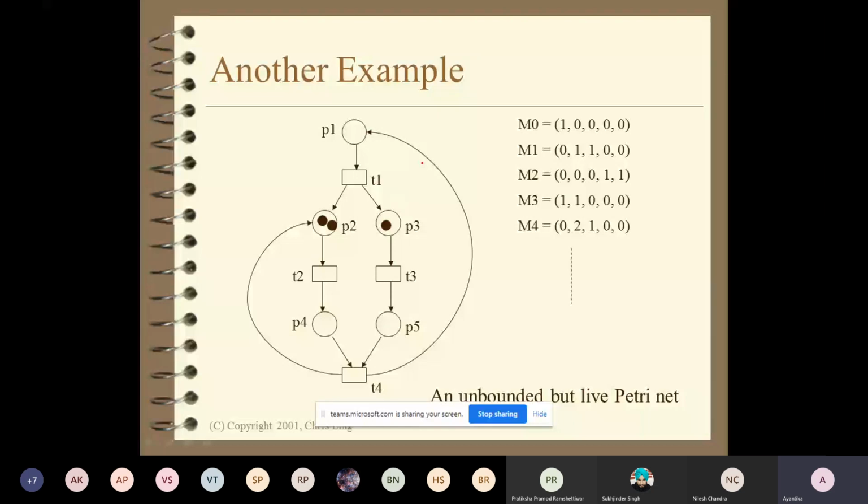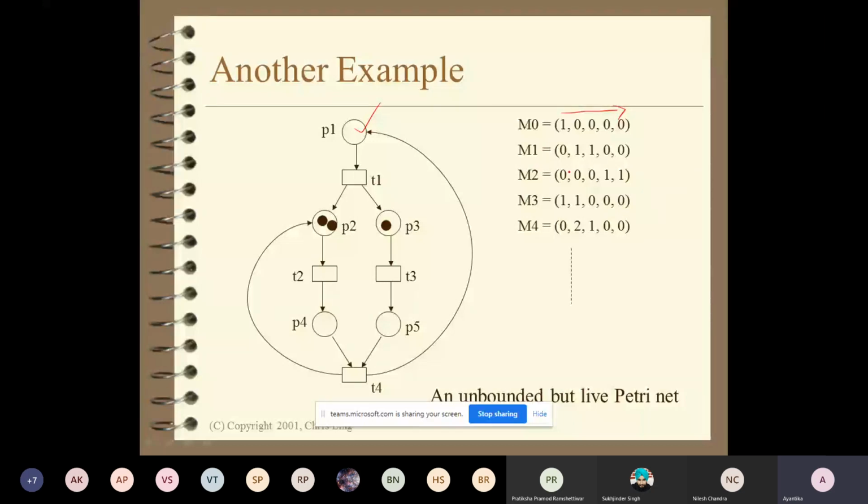So again, you can see here when we are considering these markings, there are P1, P2, P3, P4, P5, 5 states. So we have 5 column entries. Next, in each state, initially there was P1 and all the rest 0. That means your token was here in P1. Then at M1, when you are moving, you have P2 and P3.